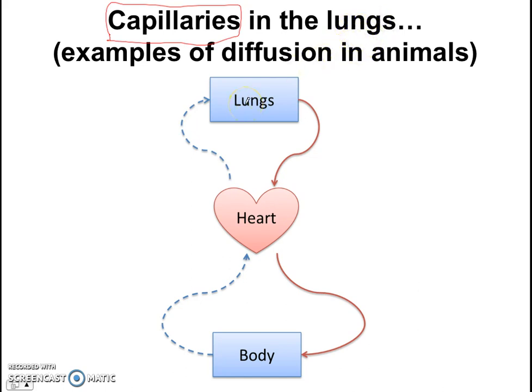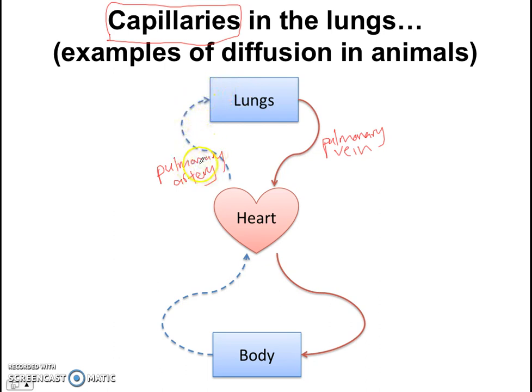So I want you to remember that from the heart to the lungs, the pulmonary artery carries deoxygenated blood from the heart to the lungs. And then the pulmonary vein carries the oxygenated blood back from the lungs to the heart.